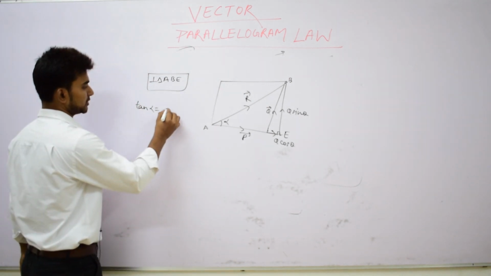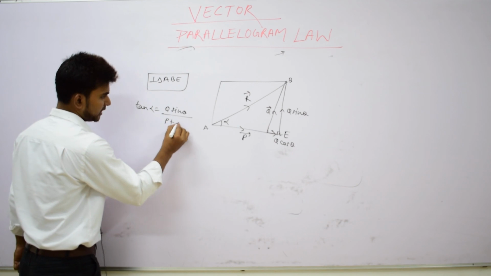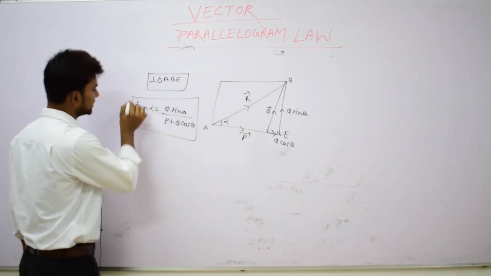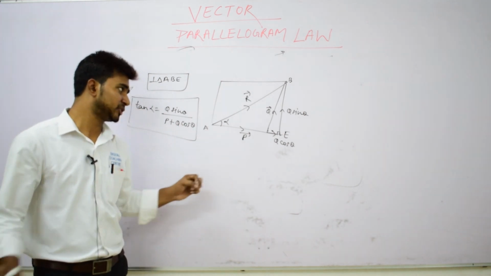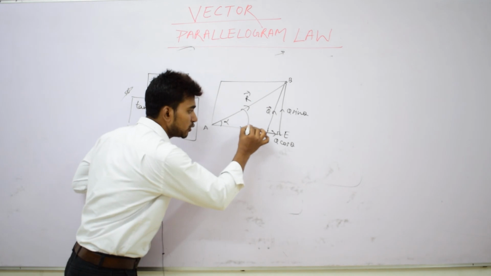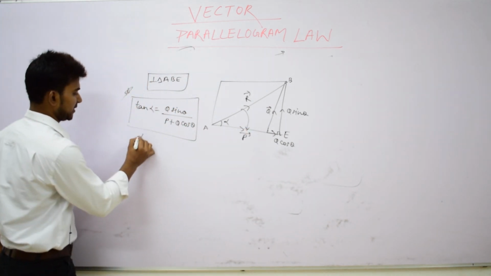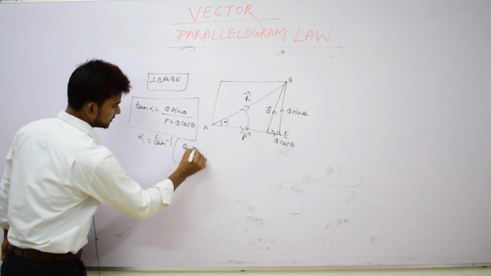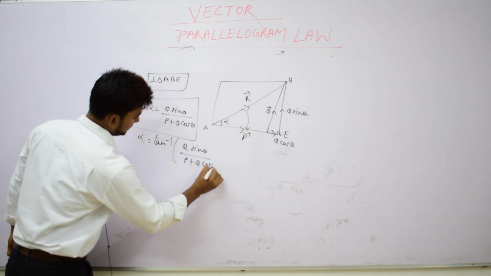So tan alpha is equal to Q sin theta upon P plus Q cos theta. This is the generalization formula for finding the direction of the resultant with respect to any one of the vectors. From here, alpha is equal to tan inverse of Q sin theta upon P plus Q cos theta.